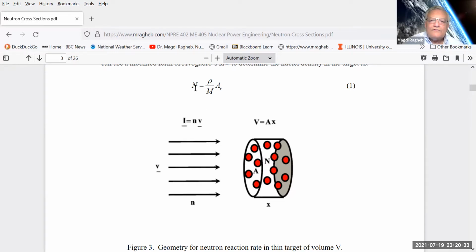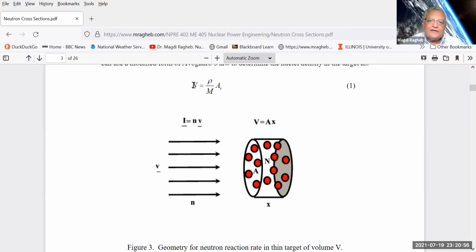We use Avogadro's law, as we have used it before, except that we divide the G here in the expression for the mole or gram molecular weight, which is the mass divided by the molecular or atomic weight, by V, the volume. If we divide by the volume, you get the density.